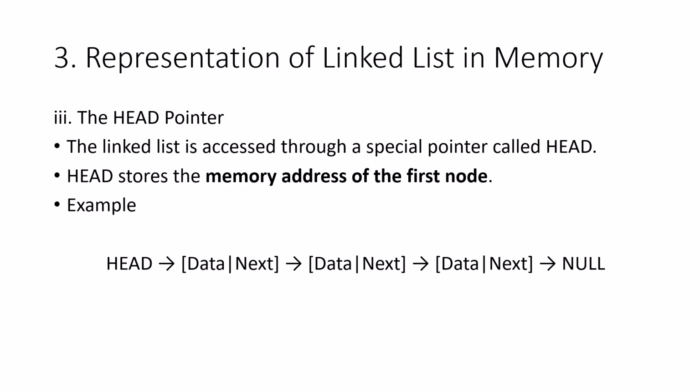So the structure looks like this. Head points to the first node, which points to the next node, and this continues until we finally reach null, which indicates the end of the linked list.